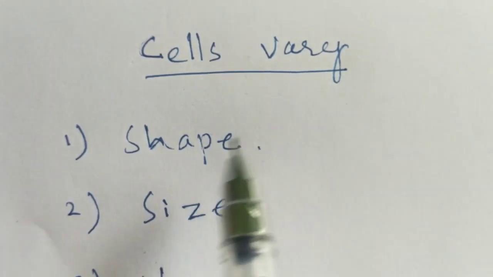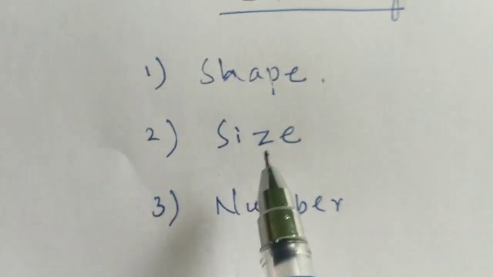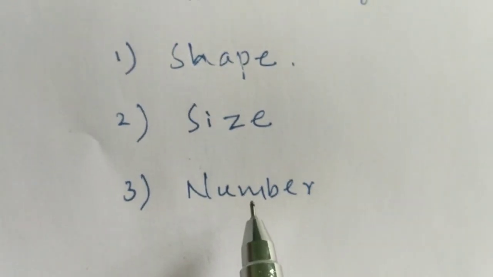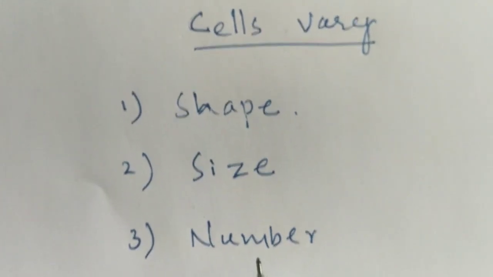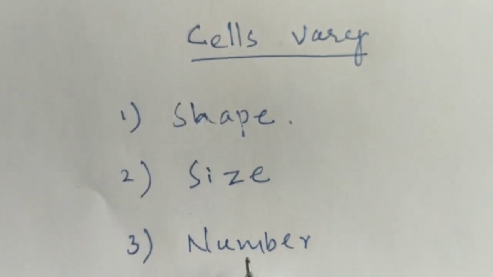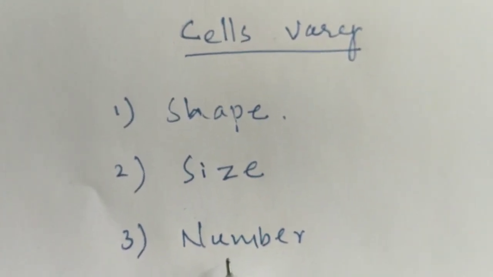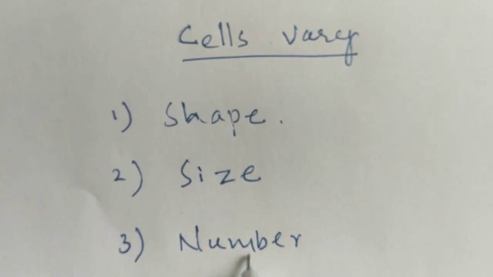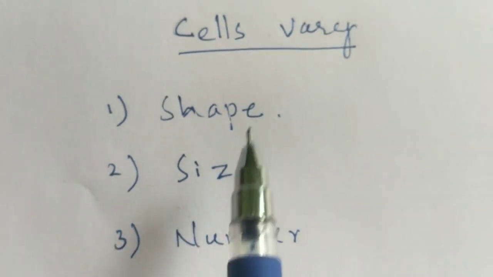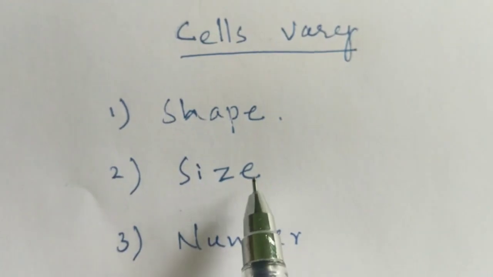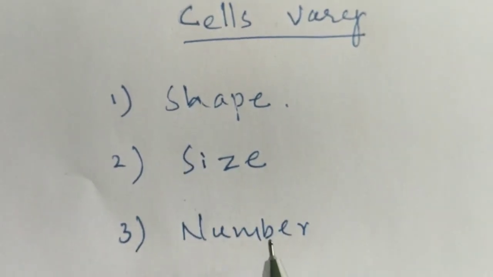Cells vary in the shape, size and number from organism to organism. It means all cells are not similar. There are different cells with different shape, different size and different number.